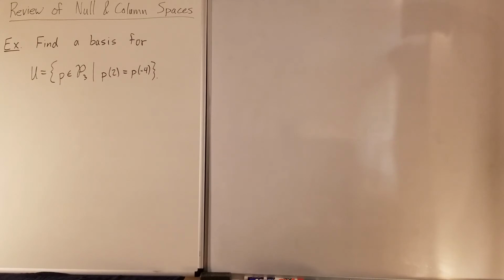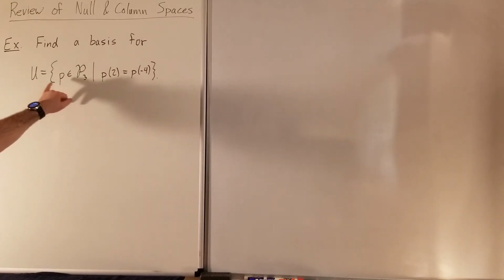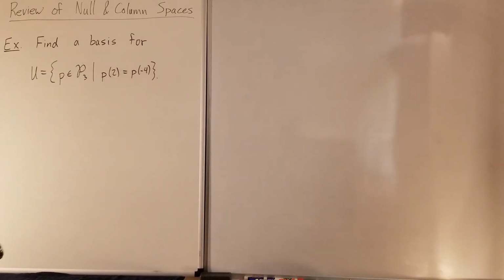And this is linear for the same reason. So you should check that U is actually a vector space by checking that it's a subspace of P3. I'm not going to do that part. You can just trust me it is, or you can check it yourself.